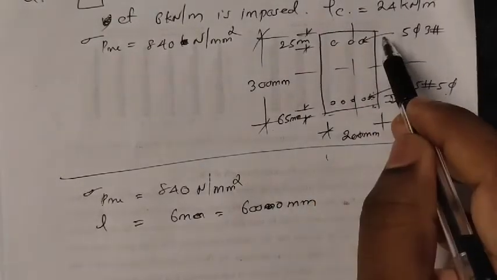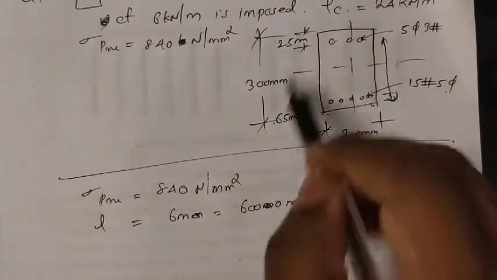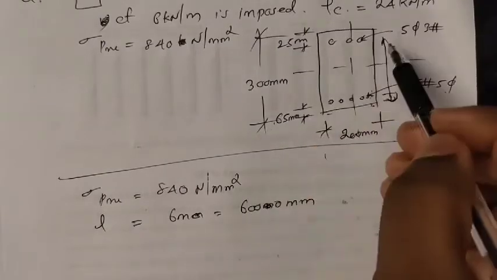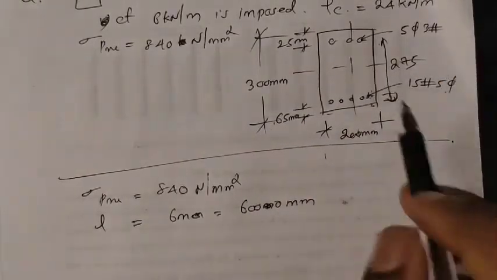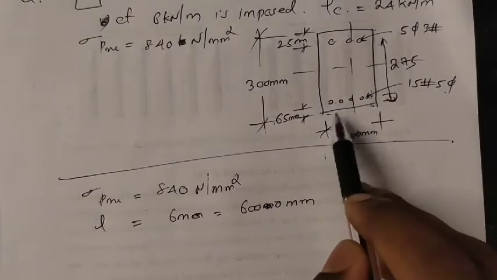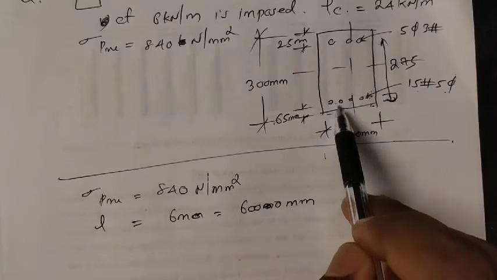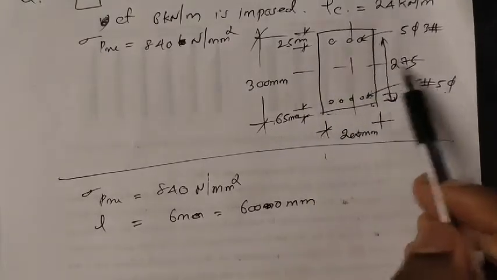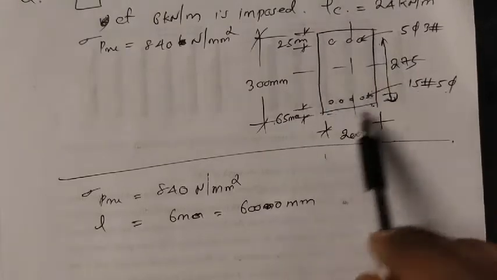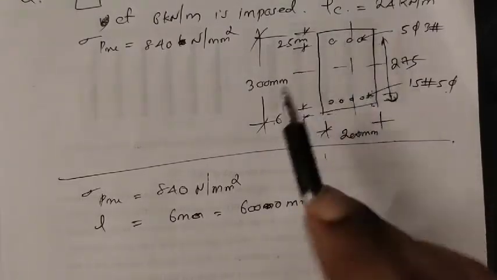The depth is 300, and from top it is 25, so the balance is 275. So 15 wires are at 65 mm distance from the bottom, and 3 wires are at 275 distance from the bottom. We want to know the exact centroid of these 18 wires.